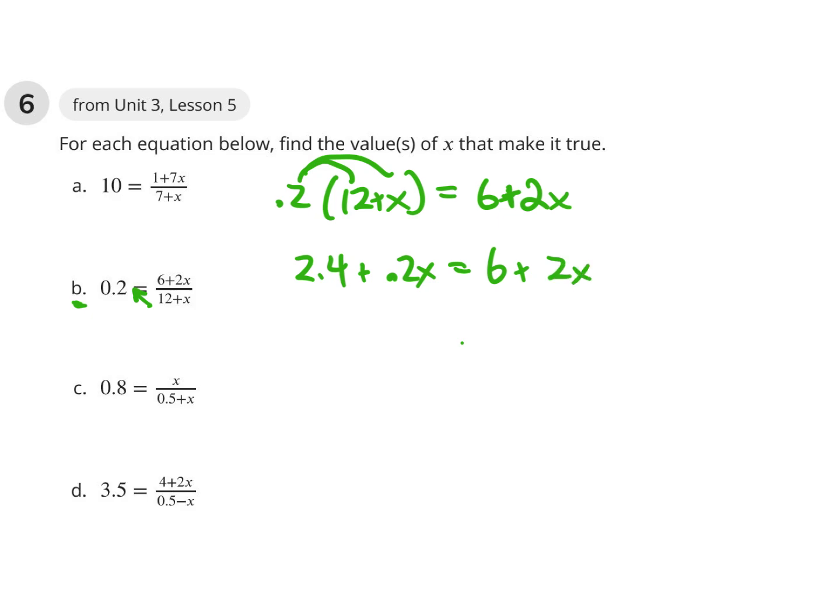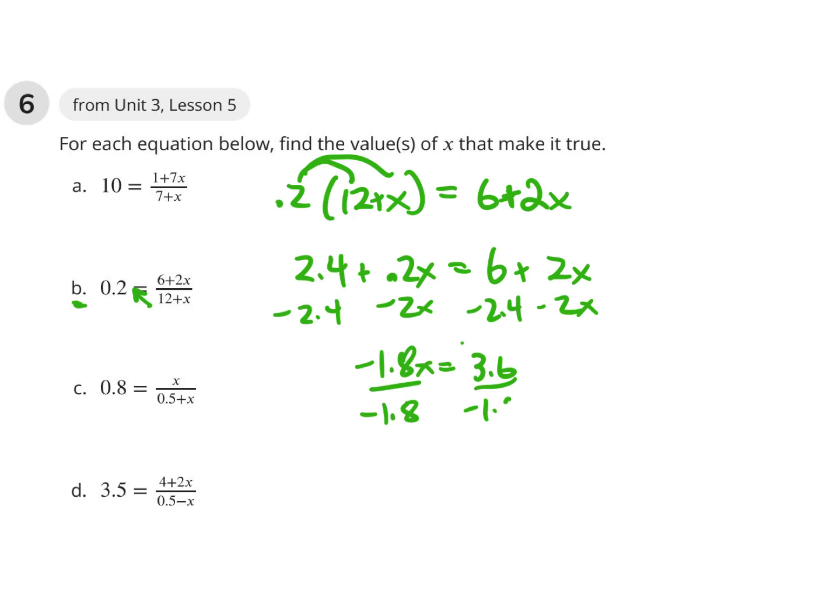Move my letters left, my numbers right, and that gives me negative 1.8x is equal to 6 minus 2.4, which is 3.6. Divide by negative 1.8, divide by negative 1.8, x is equal to negative 2.